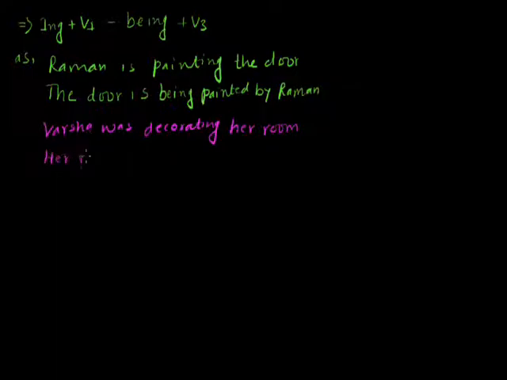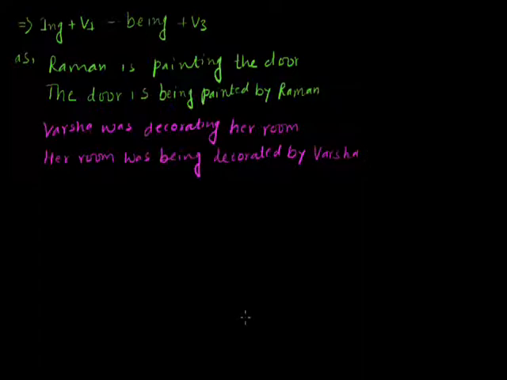So her room will be the object of the sentence above, then the verb was will be used, then being will be added to the helping verb, then the third form decorated of the verb decorate will be used, and then by and then the doer Varsha. So in this manner we make the passive voice of the sentences in which the ing form of the verb is used.